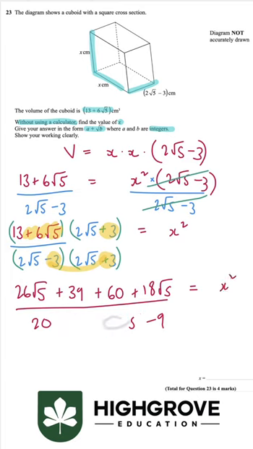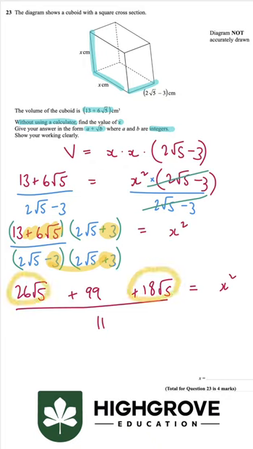So remember, those middle terms cancel one another out. 20 minus 9, that's 11 on the bottom there. 39 plus 60, well, that's 99. I've got plus 99 here. And then 26 root 5 plus 18 root 5. Well, 26 plus 18 is 44.